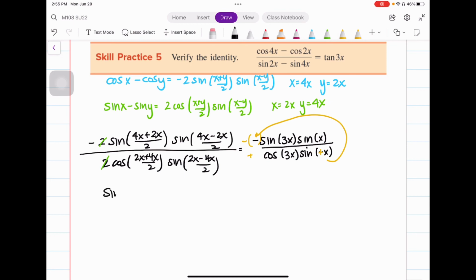So we have sine 3x sine x over cosine 3x over sine x. I can divide sine x by sine x, and sine over cosine is tangent 3x, and we have verified the identity. And that's it for this section.